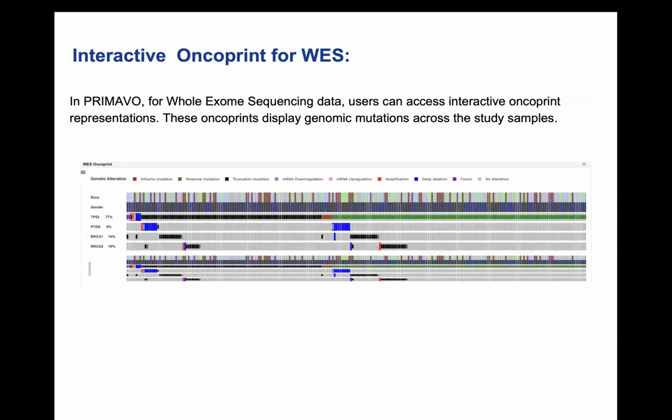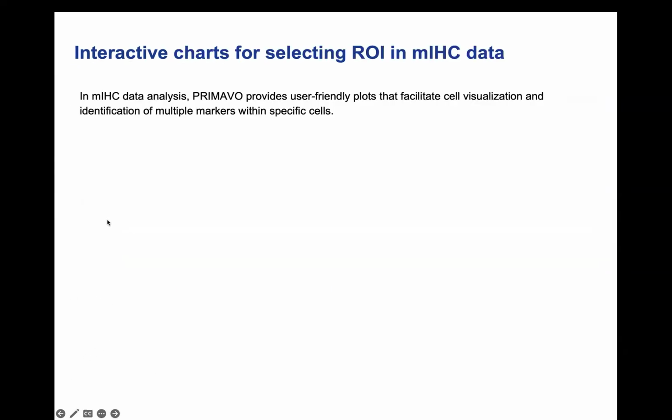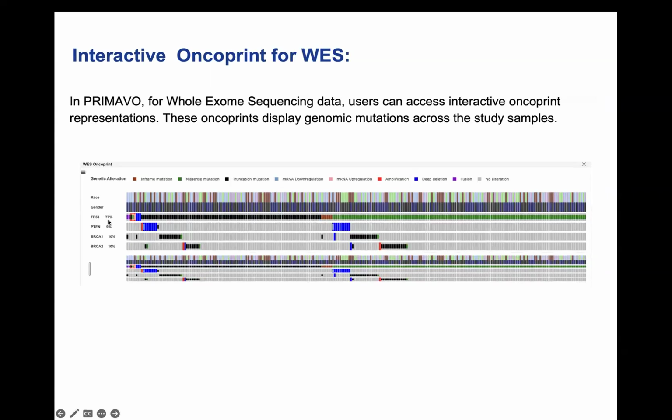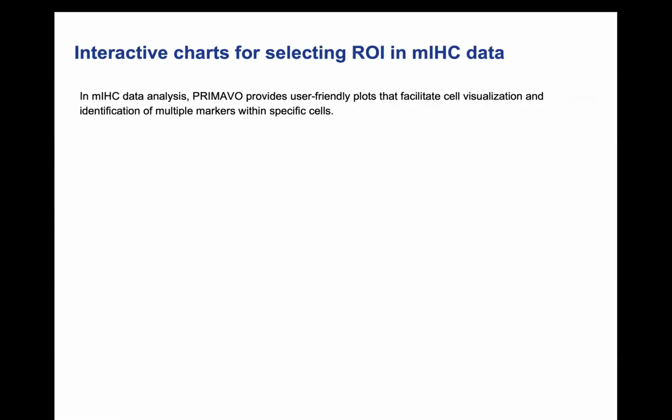Here, for example, based on what mutations the patient has, we can have the P53 mutation in the tumor, or PTEN, or BRCA1 and BRCA2, and then we know if it's an in-frame mutation, missense, truncating, if there's upregulation, downregulation, if there's messenger RNA information, or deep deletion or fusion. We can have all of this, and we can interact with these on the fly using the OncoPrint visualizations.